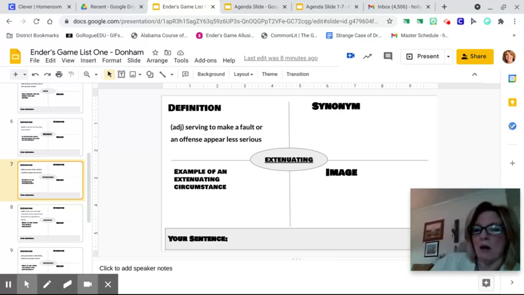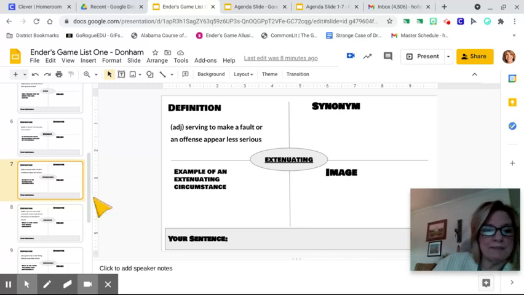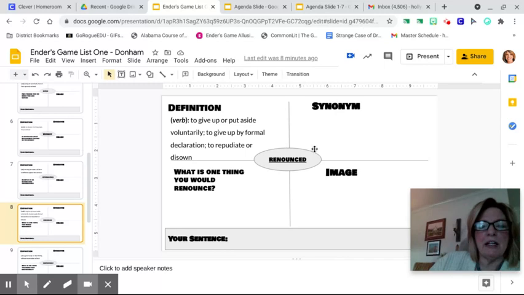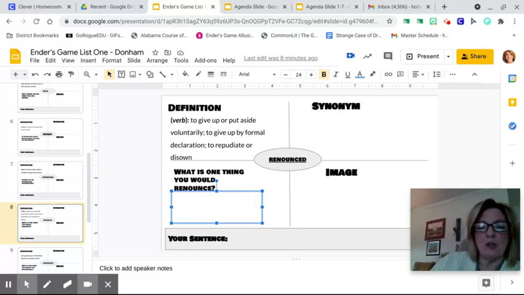I didn't do my work. You know, that would be an example of an extenuating circumstance. All right, the next word is renounced. It's a verb. And once you read and think about the definition and give a synonym, you're going to answer the question, what is one thing that you would renounce? What is something you would renounce?